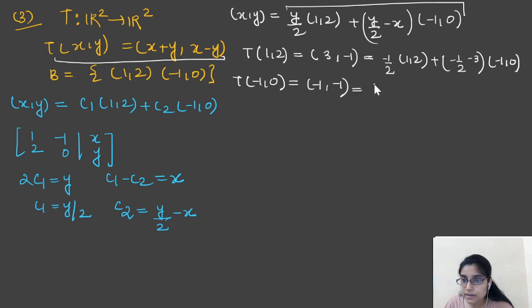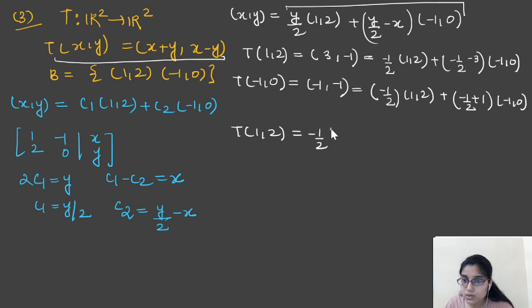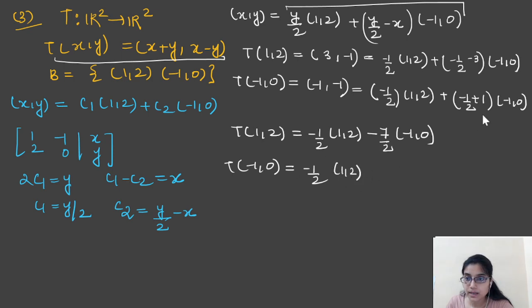And here, for (minus 1, minus 1), y by 2 means minus 1 by 2 times (1, 2), then y by 2 minus x is minus 1 by 2 plus 1, so this is plus 1 by 2 times (minus 1, 0). So overall we got T of (1, 2) as minus 1 by 2 times (1, 2) plus minus 7 by 2 times (minus 1, 0), and T of (minus 1, 0) as minus 1 by 2 times (1, 2) plus 1 by 2 times (minus 1, 0).